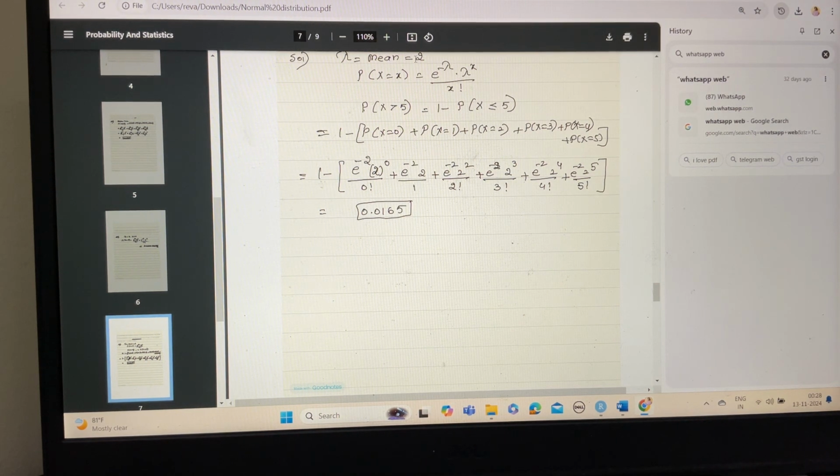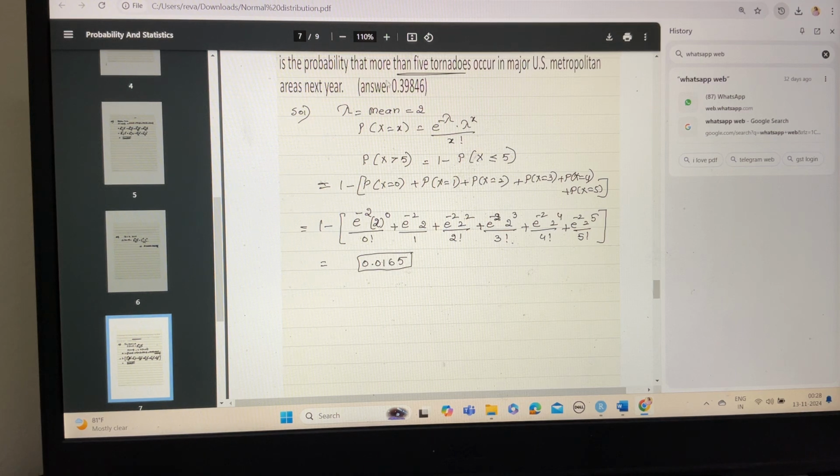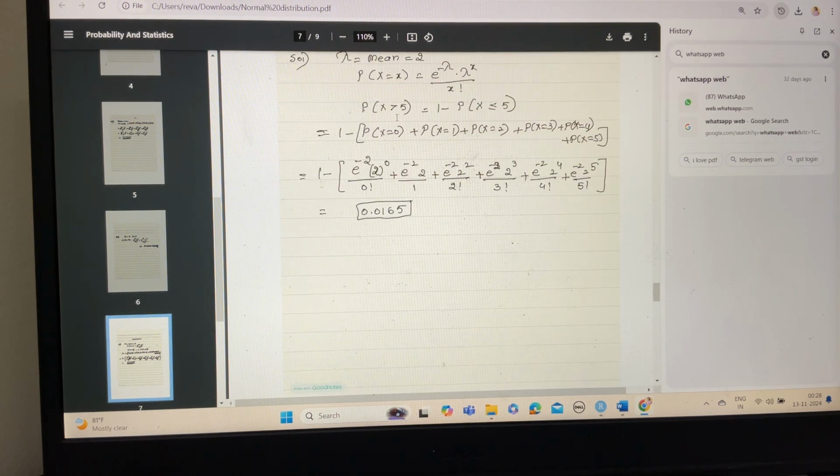So lambda value is 2 and x value is 5. So x greater than 5 means 1 minus P of x less than or equal to 5. The question asks for more than 5 tornadoes, not exactly or at most. So remember that more than 5 is that.